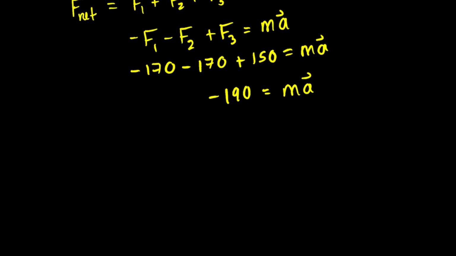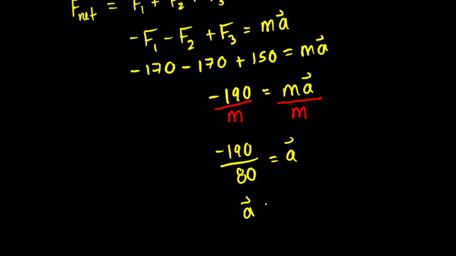And in order to isolate for the acceleration, we're going to divide both sides by the mass. So negative 190, and recall that the mass of the crate was 80 kilograms. So our acceleration vector is going to be negative 2.375 meters per second squared.